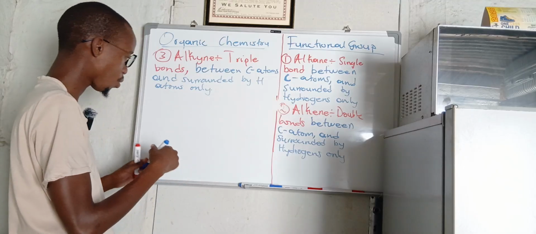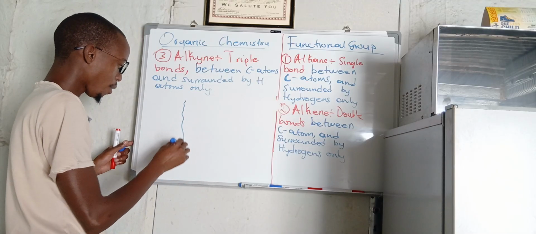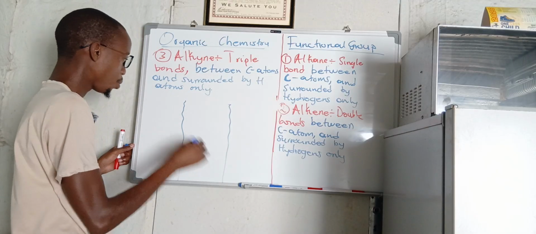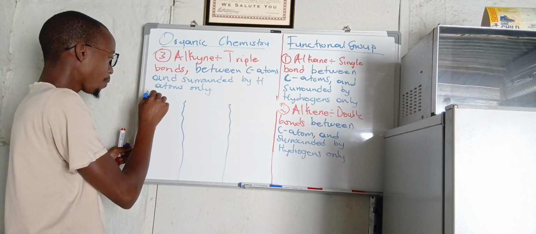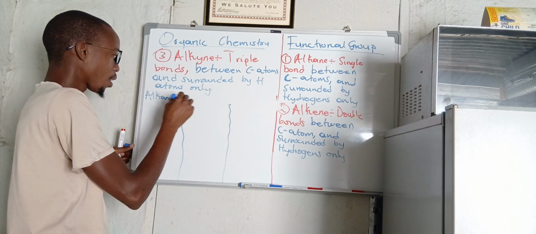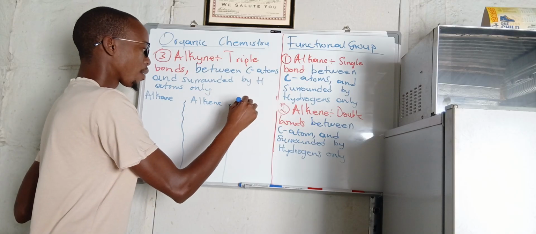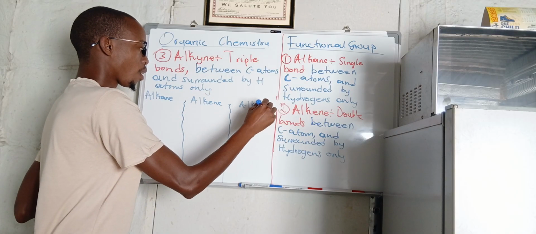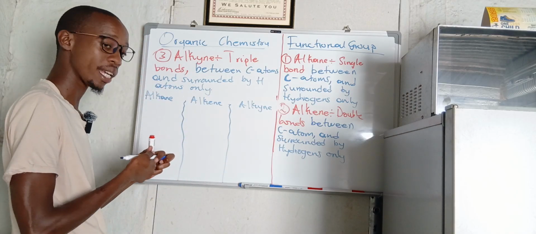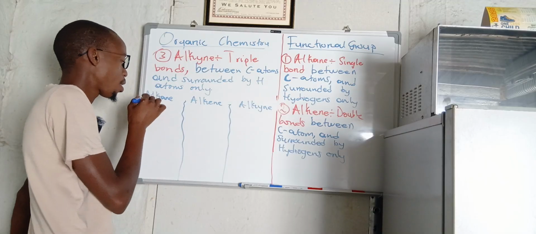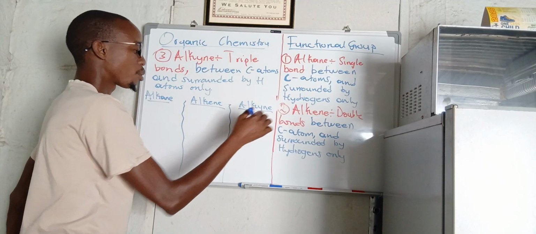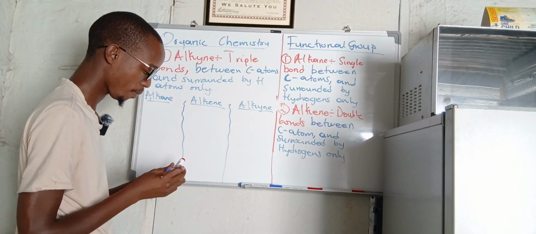Let me show you structures. I think maybe the space is going to be sufficient. I'll call this part alkane, and then alkene, and then alkyne, such that we become able to remember this stuff. Maybe I should use red for drawing.